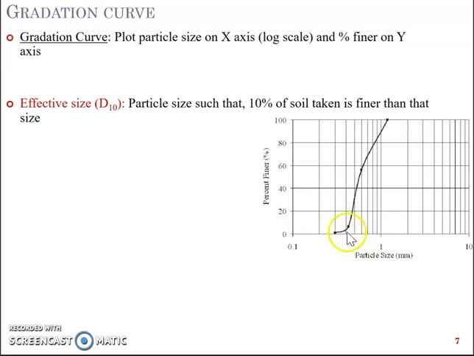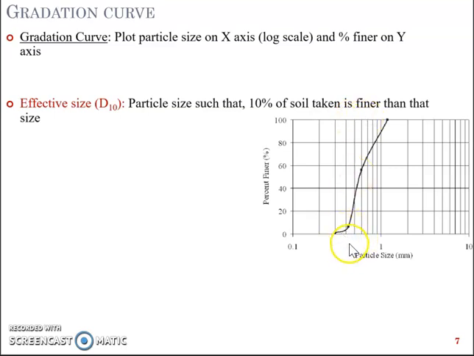So the size of the particle which corresponds to 10% finer is what we call the effective size D10, which means that, for example, if the effective size is, let's say, 20 microns, just for the sake of an example, it means that 10% of the soil that you've taken is finer than 20 microns.